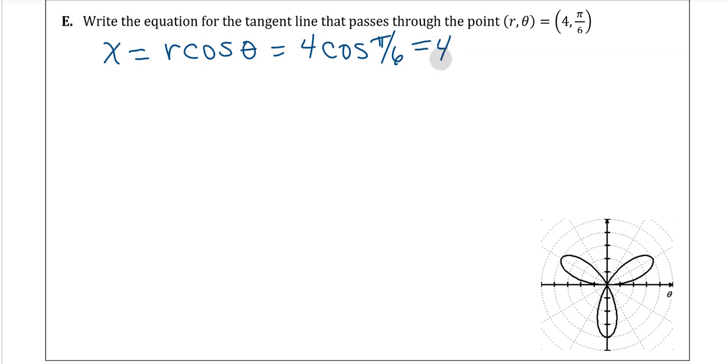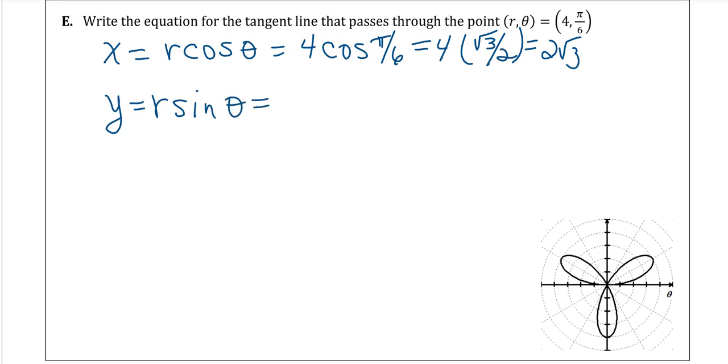So that is going to be 4 times square root of 3 over 2, which is 2 square root of 3. And the same thing for the y, that's r sine theta. And that's going to be 4 times sine of pi over 6. And that's going to be 4 times a half, which is 2.